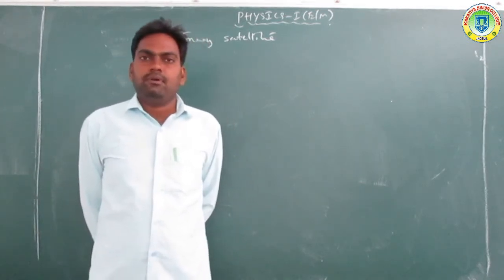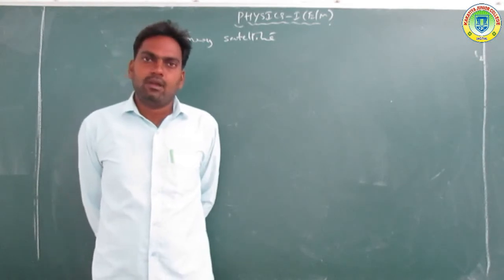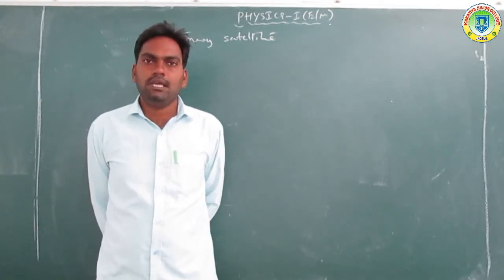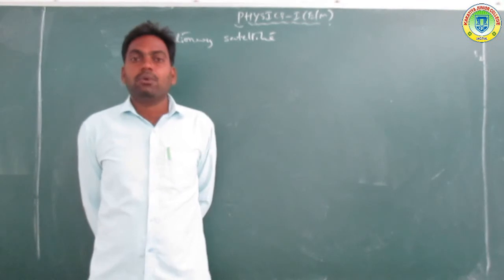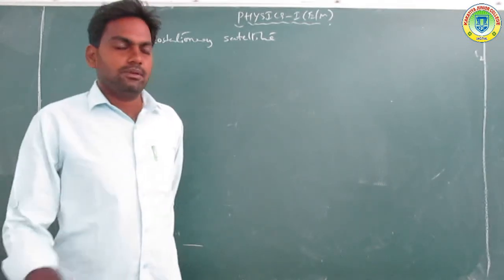The time period of revolving of the artificial satellite, where the sun is the center and the earth is revolving, is equal to the time period of the rotation of the earth. So these two are equal.